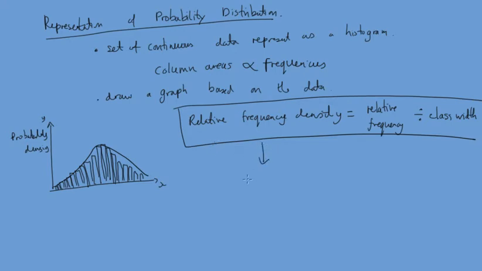Then the column area will represent the relative frequency.